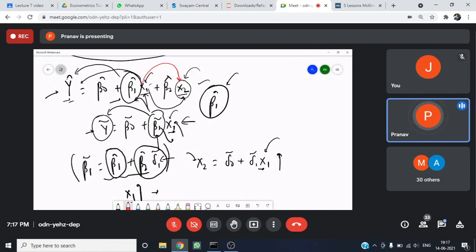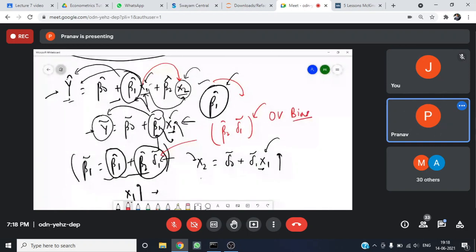So in this example, what happens is what is called the problem of exclusion of an omitted variable. And this indirect effect, which is your beta 2 hat, comes from what is called your omitted variable.